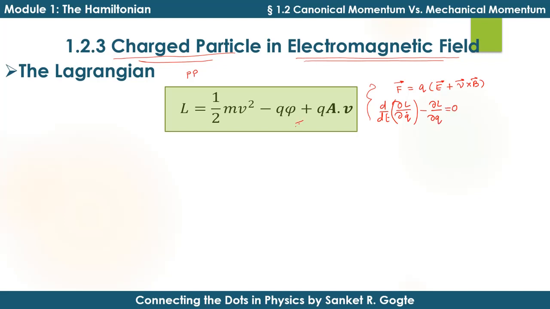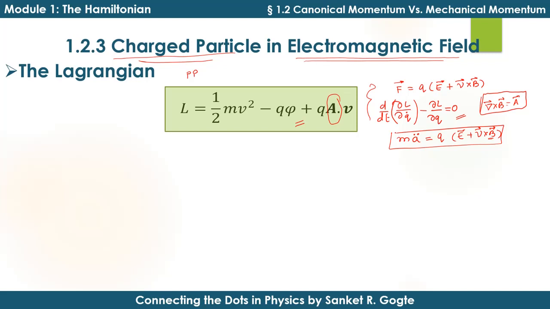So you have to use this Lagrangian, use this equation of motion, and with that you should obtain this m a dot is equal to Q into E plus V cross B. Of course, here since you don't see any magnetic field B, it is manifested through this vector potential A, which is such that del cross A is equal to B. You can try it, use all these three equations and try to obtain this equation of motion for the charged particle in an electromagnetic field. I'm leaving that there.